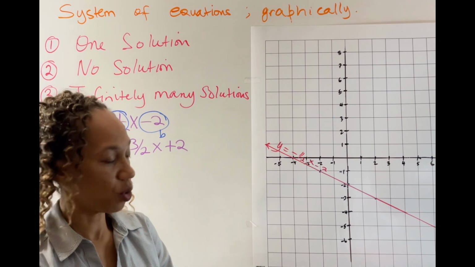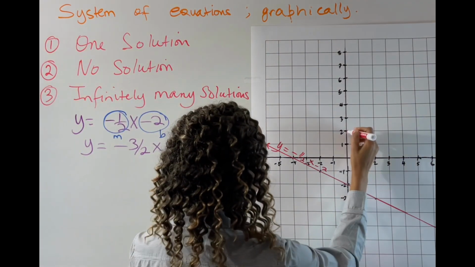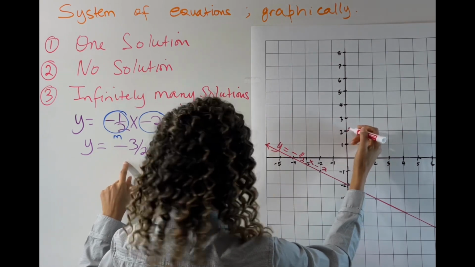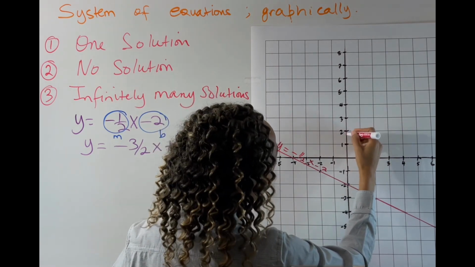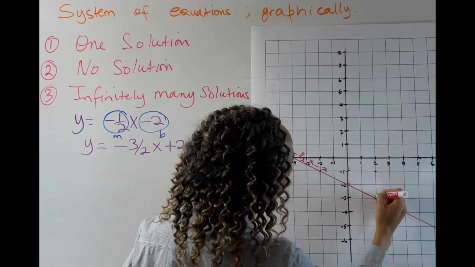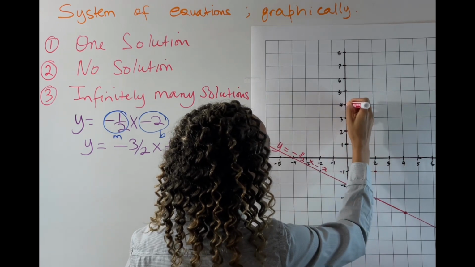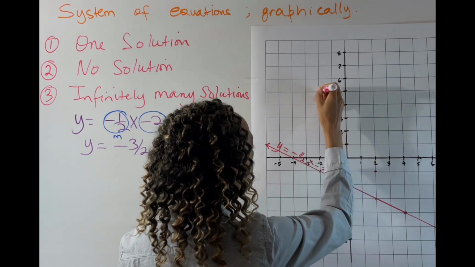We are going to graph the next one. So this is our b, which is +2, which is right here. The slope is -3/2. So down 3, and to the right 2, or up 3 to the left 2.